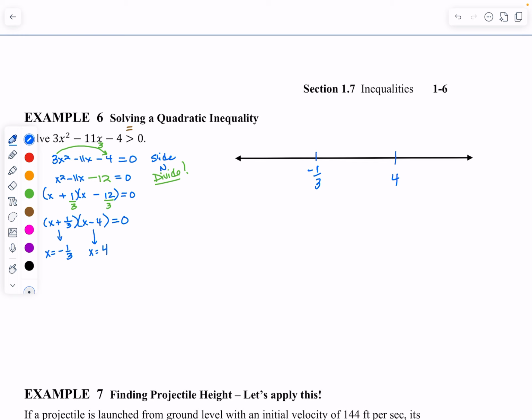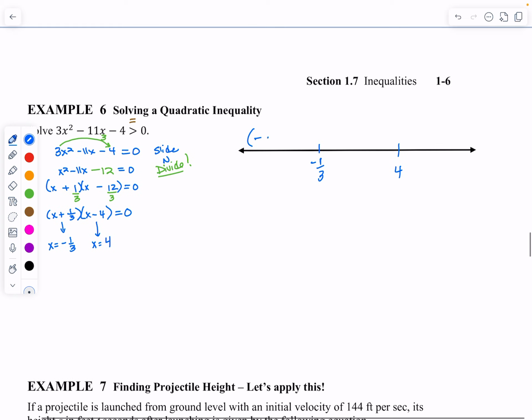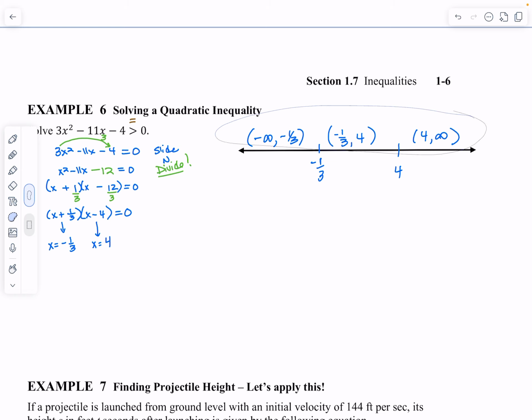Now I'm going to write my interval notation on top. So everything on the left of -1/3 is going to be negative infinity to -1/3, and I put my parentheses. In between, my in between is going to be -1/3 to 4, put my parentheses, and the last part is 4 to infinity.